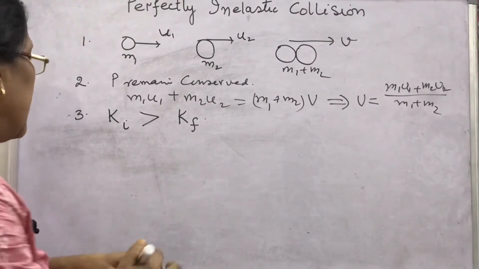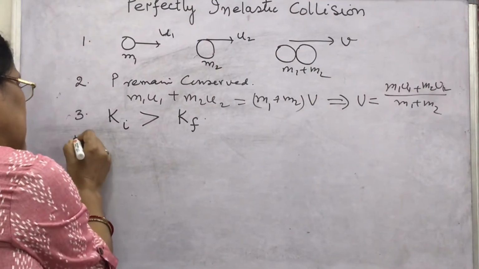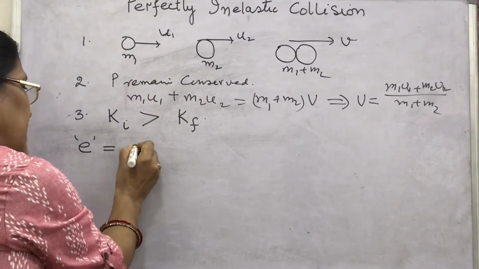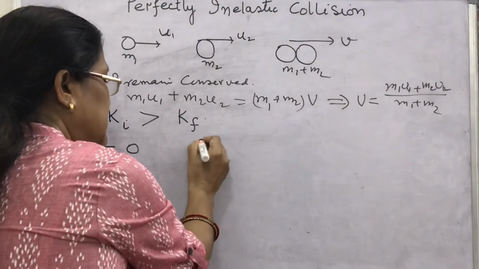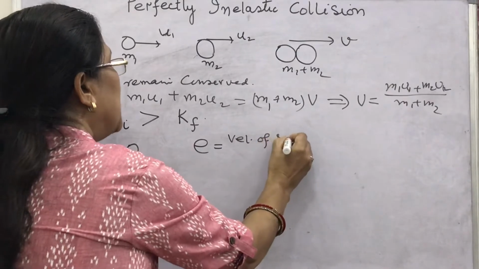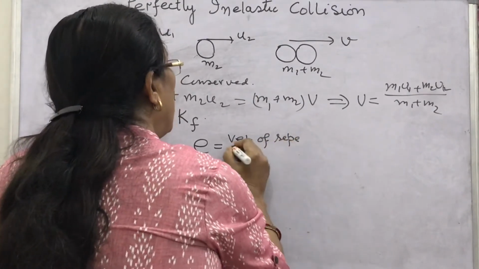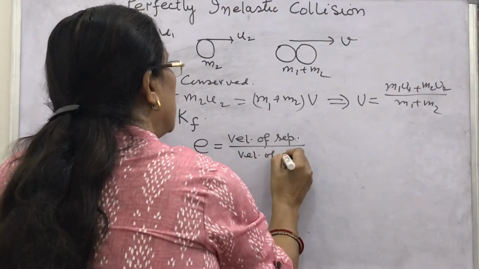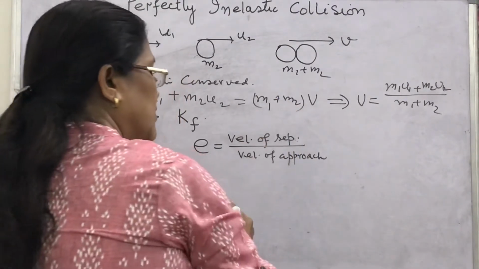Now before that, the coefficient of restitution for an ideal inelastic collision is 0. We have also read that the coefficient of restitution is given by velocity of separation upon velocity of approach. We have seen this in the previous video.